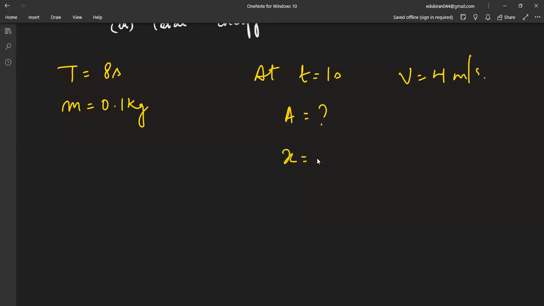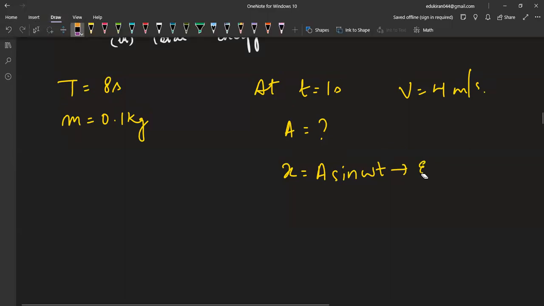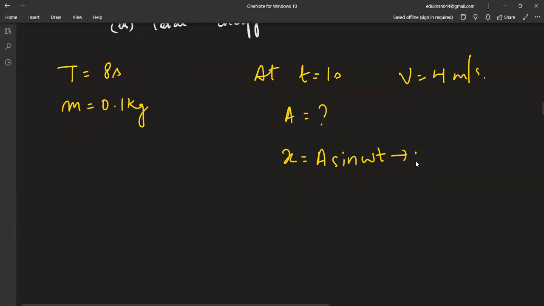See, x is equal to a sin omega t. In the last class also I told you that for the mean position we are going to use this equation. This equation is to be used for a mean position.